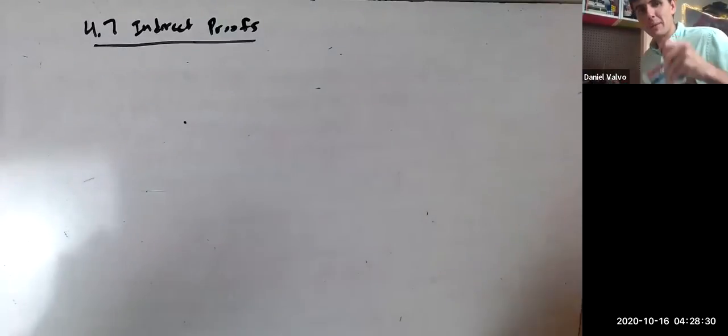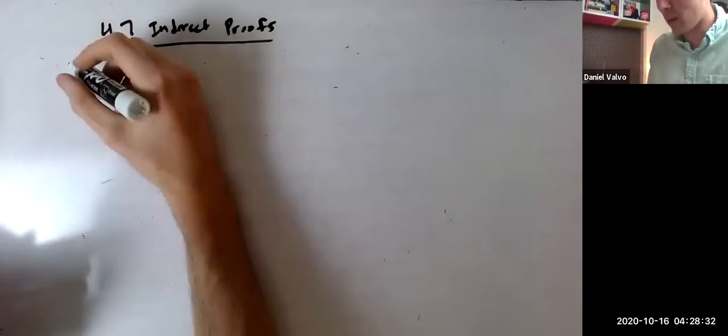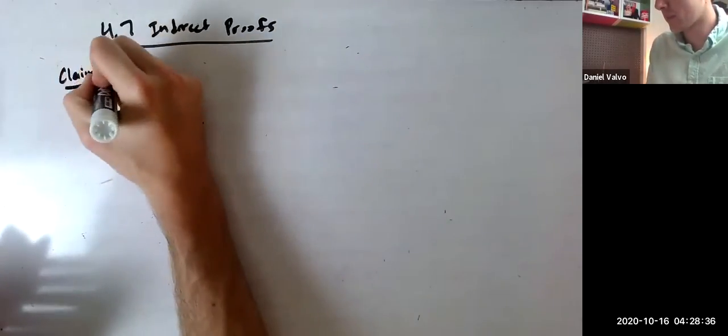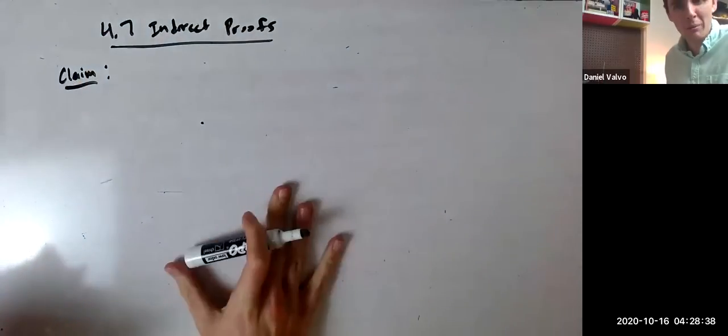This is the one I attempted last time, but I had it more complicated than it needed to be. Here's the claim. I'm just going to write it in the math formal way.